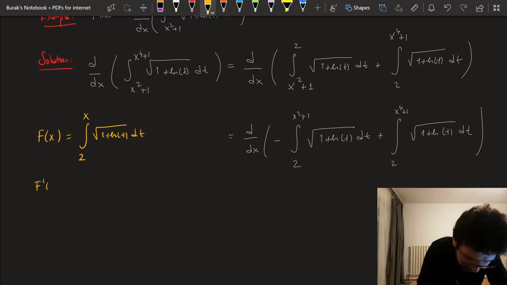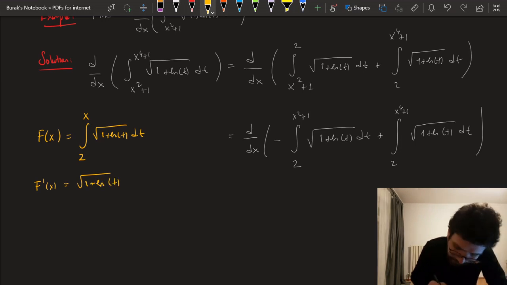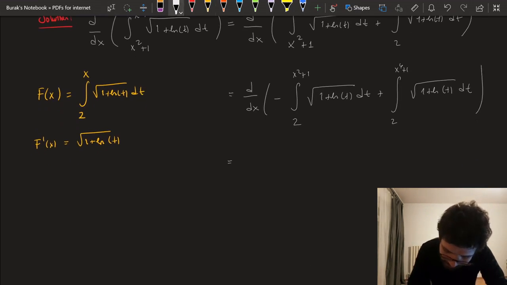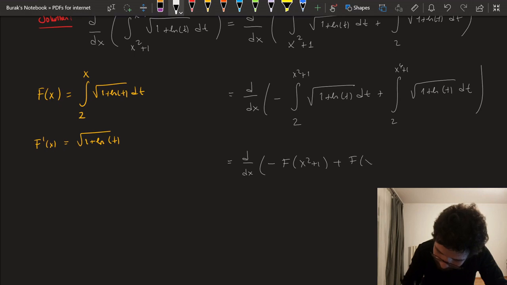So I will get that f prime of x is square root 1 plus ln t, and then by the fundamental theorem of calculus, this is minus f of x squared plus 1 plus f of x to the power 4 plus 1, and then by chain rule I'm going to have minus f prime of x squared plus 1 times 2x, derivative of inside by chain rule.